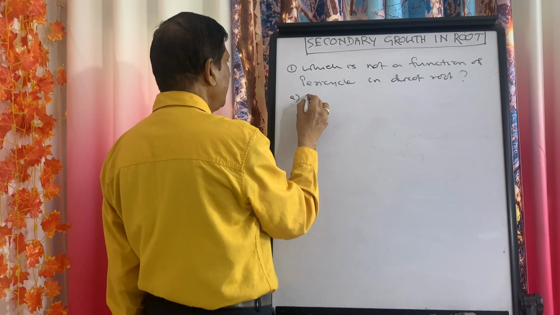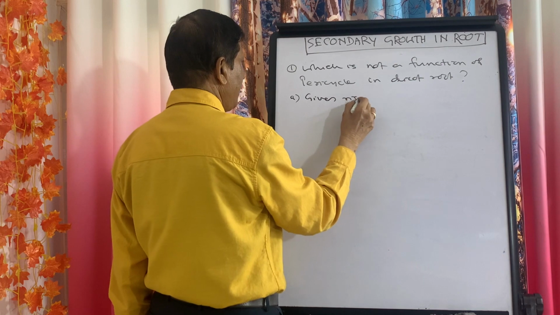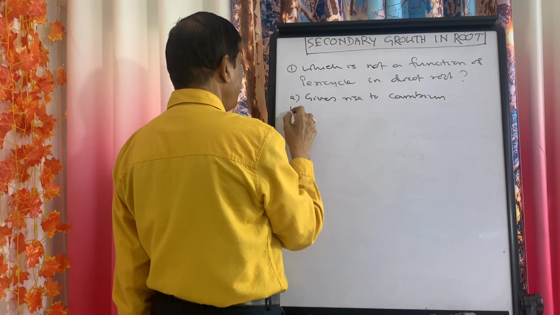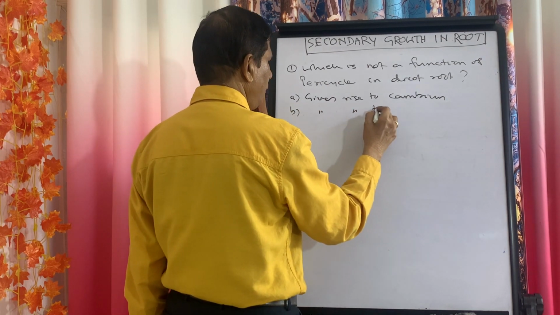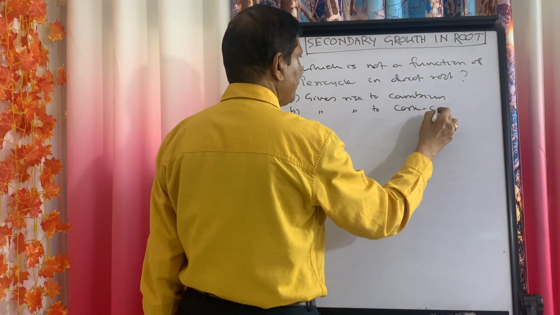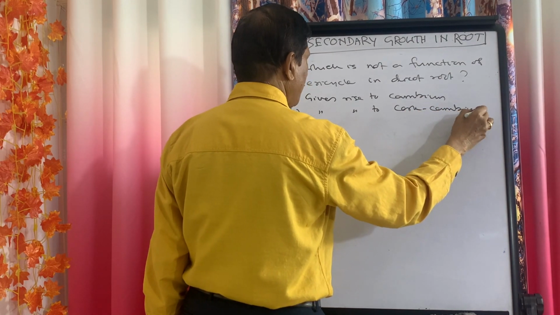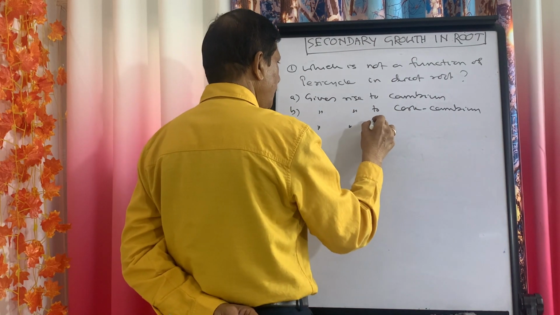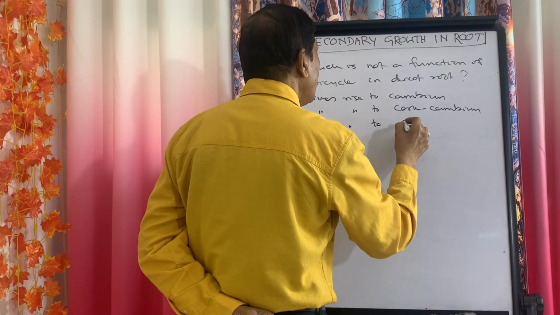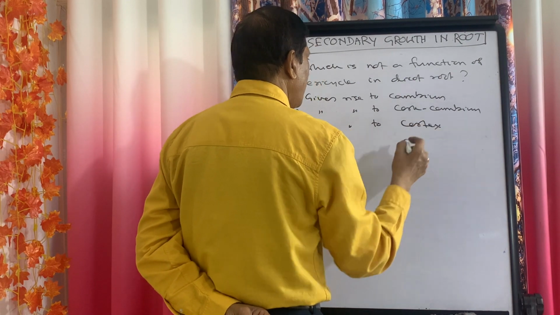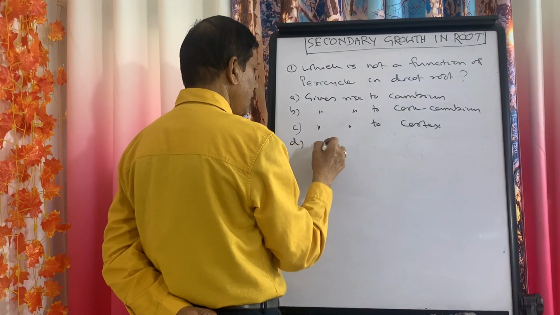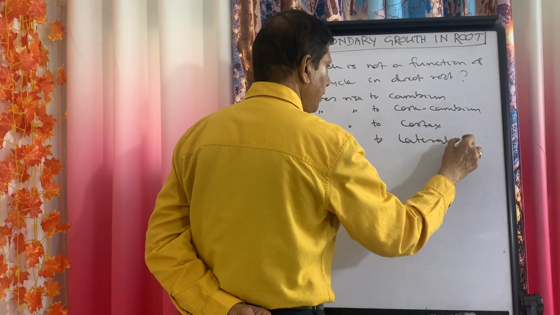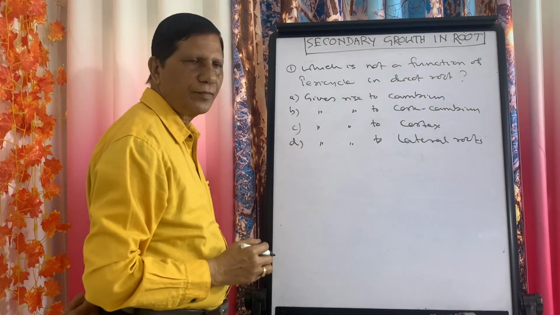A, it gives rise to cambium; B, it gives rise to cork cambium; C, it gives rise to cortex; D, it gives rise to lateral roots.